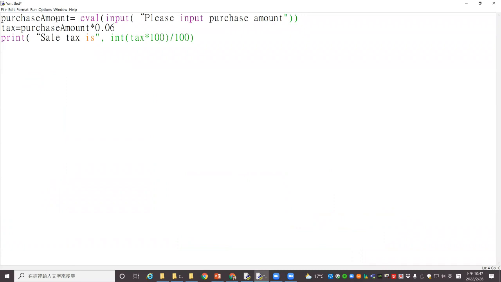The purchase amount equals eval, please. Oh, there will be some problem because I think I have to delete this part, because PowerPoint slides have some letter conversion problems, so it will have a lot of problems. So I have to retype by myself.